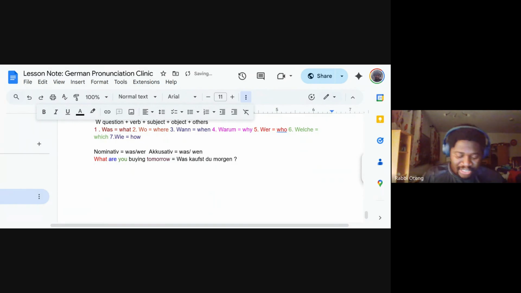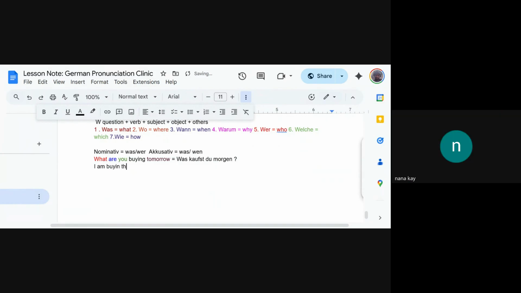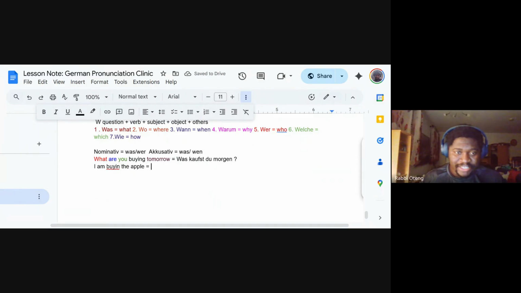So if I'm answering, "I am buying the apple," what will it be? Ich kaufe einen Apfel. Den Apfel. So in this sentence, what are you buying? Den Apfel.